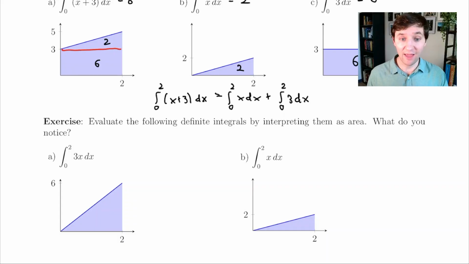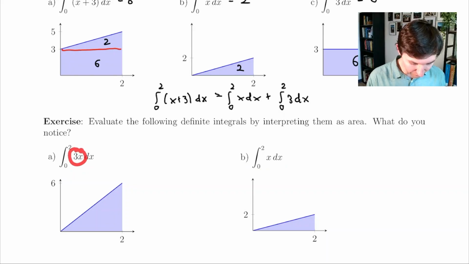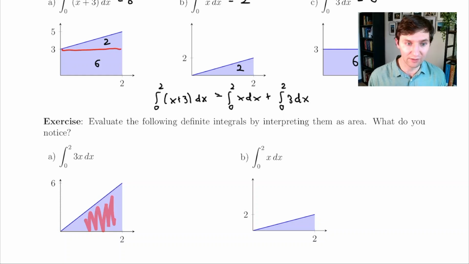Let's discover another property by evaluating two more definite integrals. If you would like to try this exercise on your own, stop the video now. The first definite integral is the definite integral of 3x between 0 and 2. In the picture below, you see the graph of the function 3x, and you also see the region under the graph of that function.